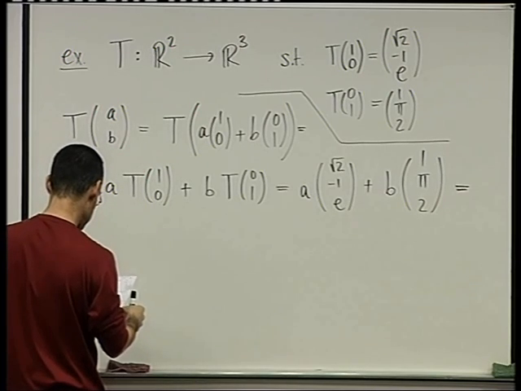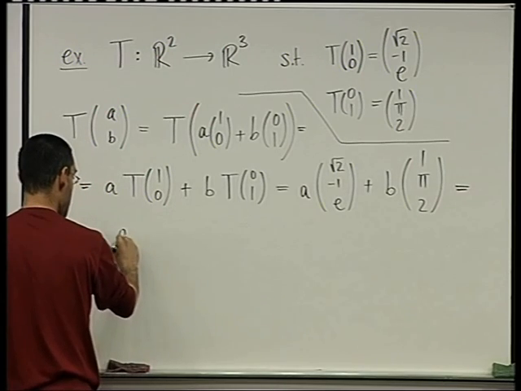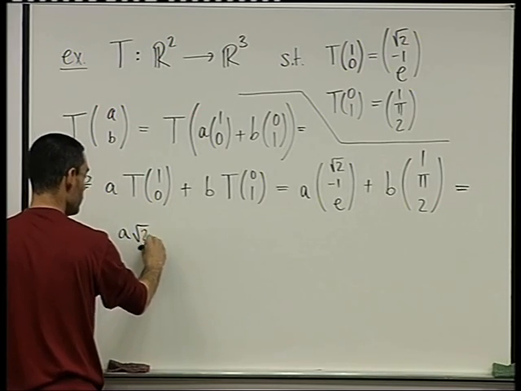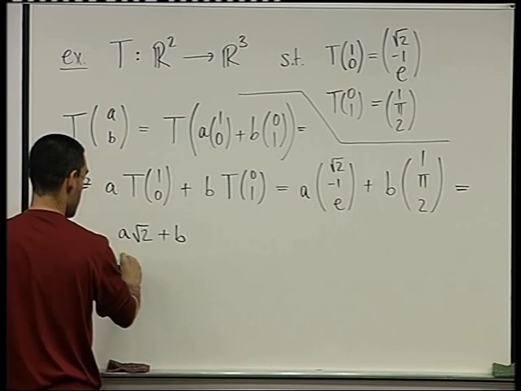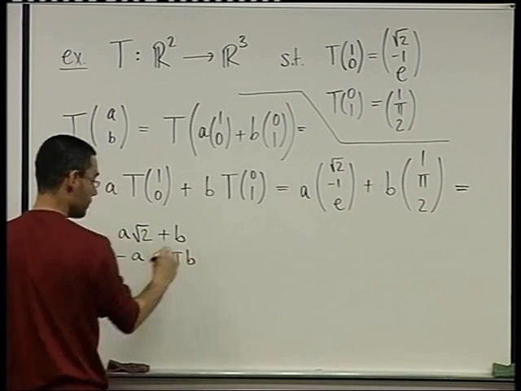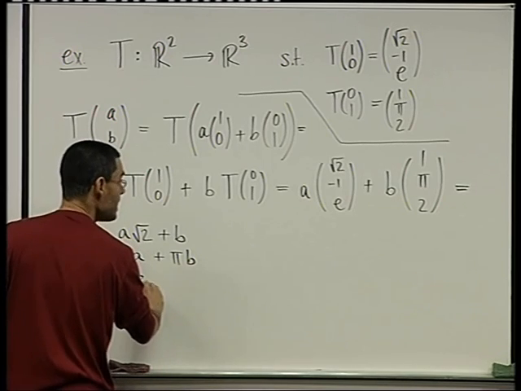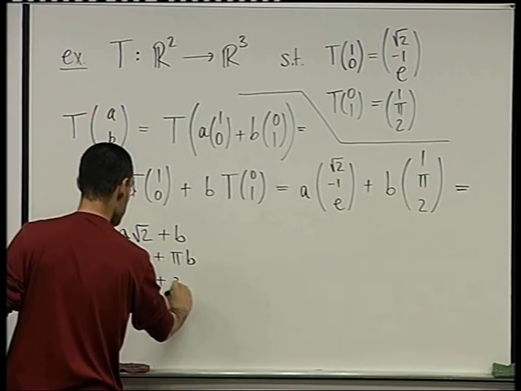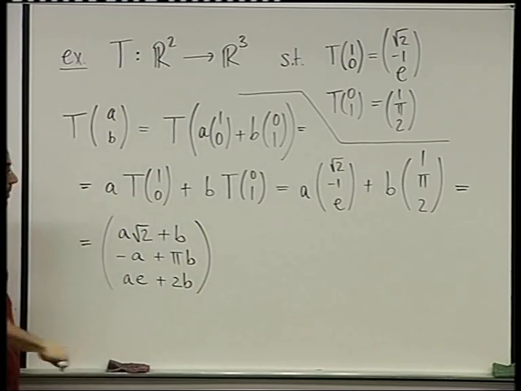I can write it as (a root 2 plus b, negative a plus pi b, and a e plus 2b). Do you agree? This is T of (a, b), precisely. Do you agree?